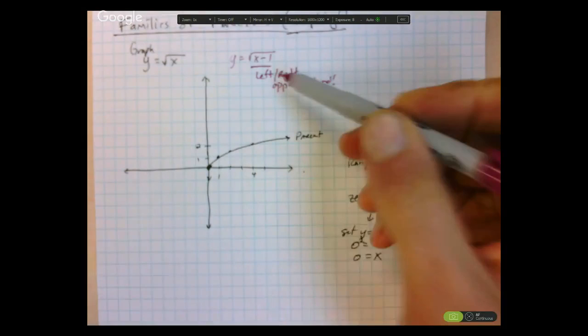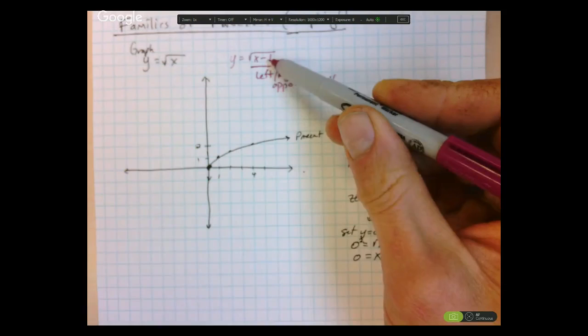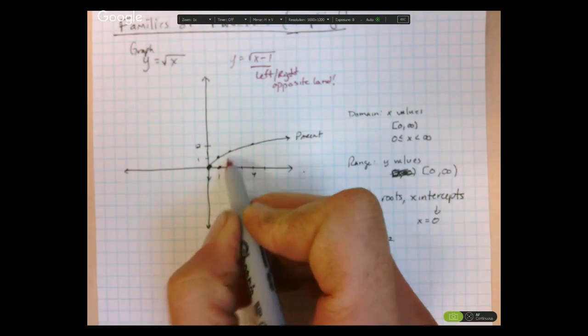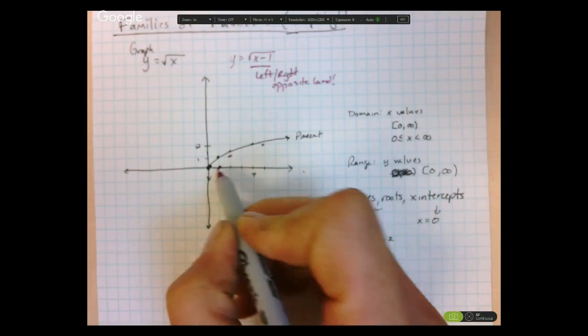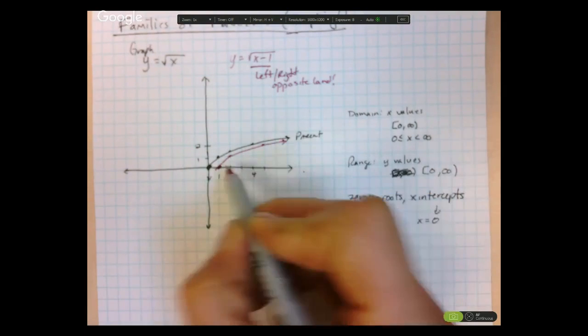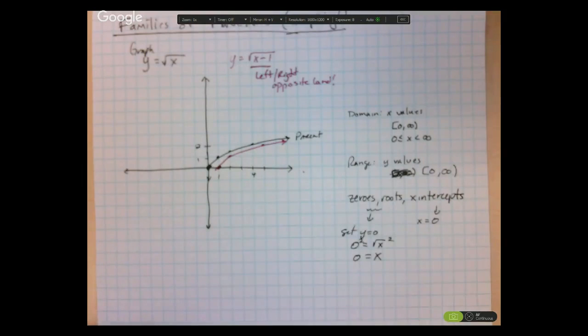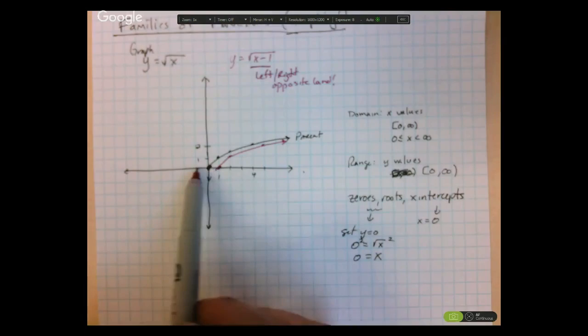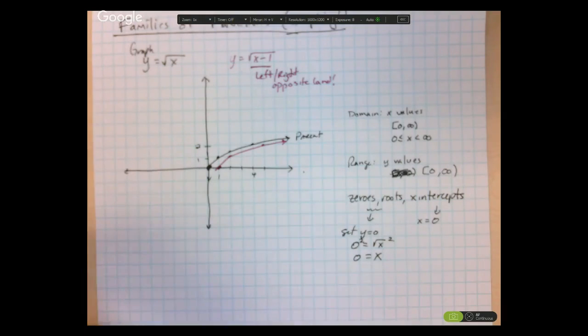Okay, so it's x minus 1, but I'm going to move the parent graph to the right 1 unit. Okay, that's the square root of x minus 1. If I were to put the square root of x plus 1, it would be the other direction. Okay, so keep in mind that we will operate in opposite land there.